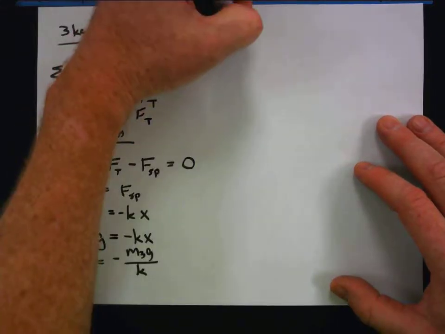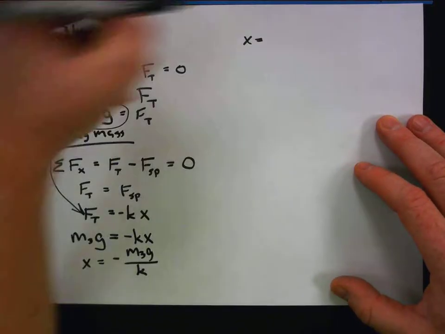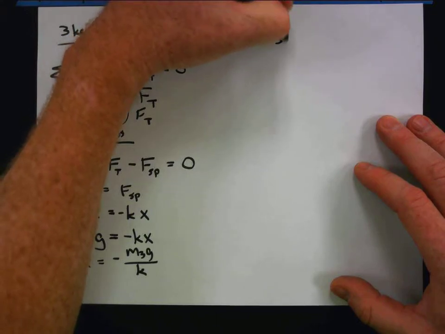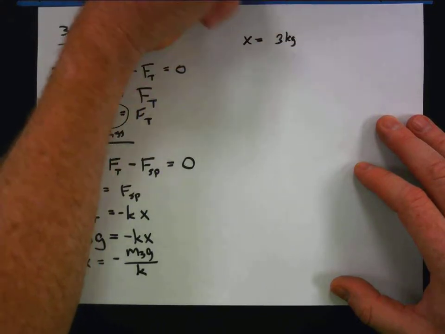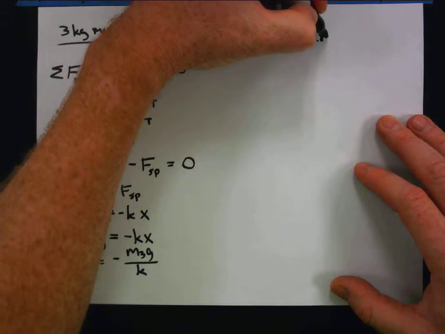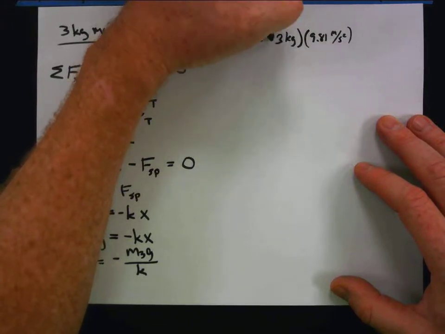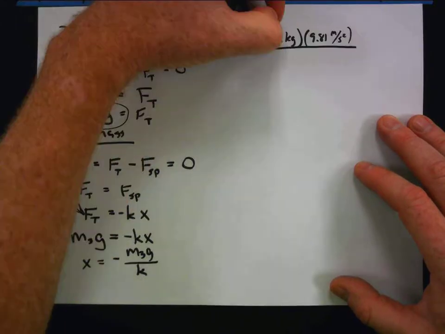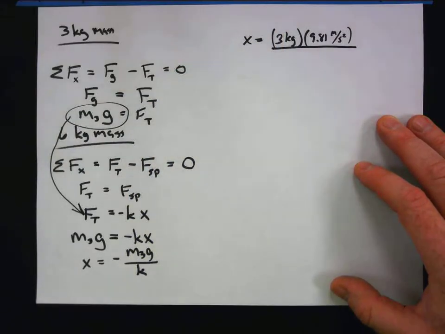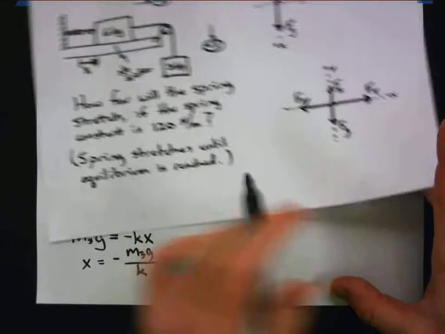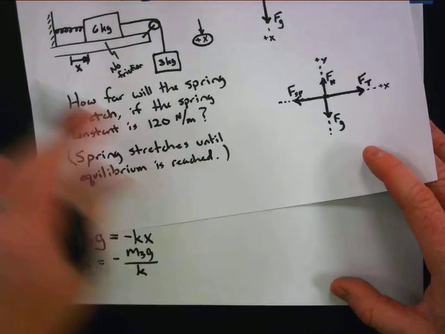Now at this point, I can just substitute some values. The mass was 3 kilograms. g is 9.81 meters per second squared. And I'm dividing by k. From the original problem, the spring constant was 120 newtons per meter.